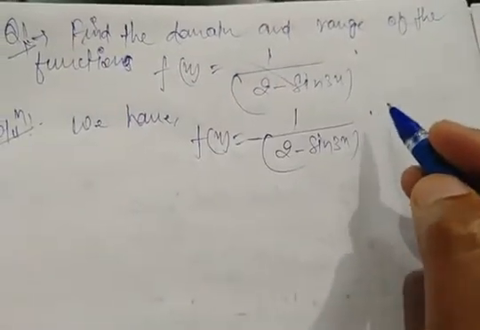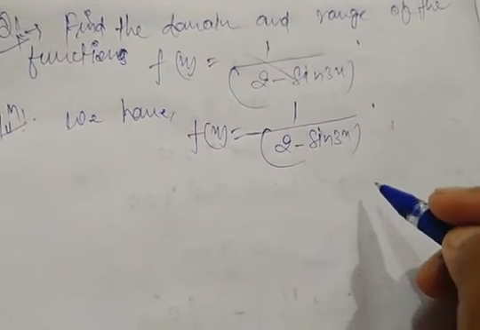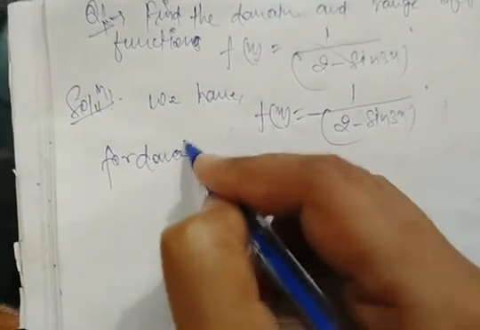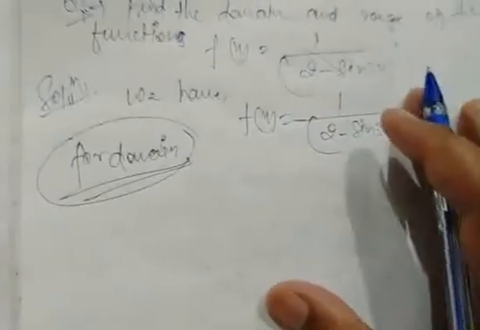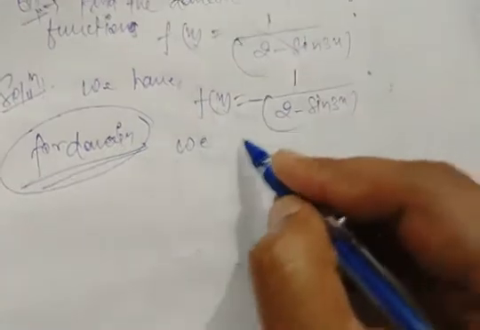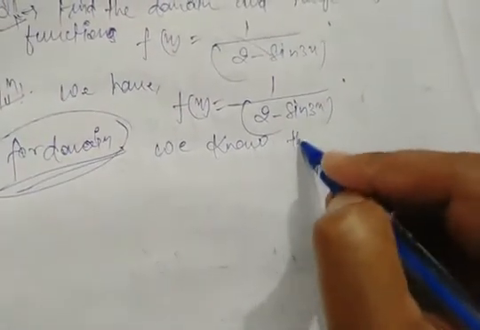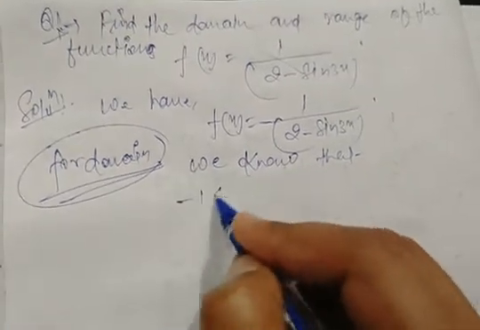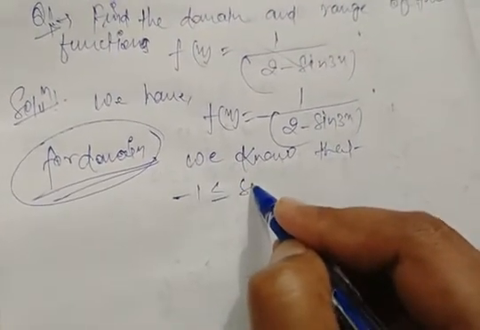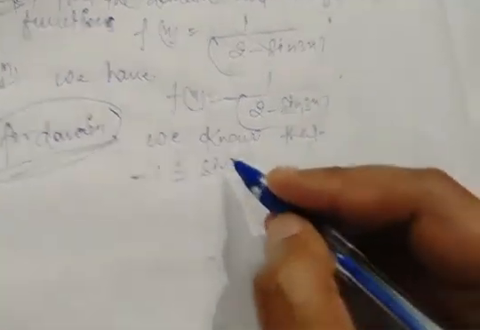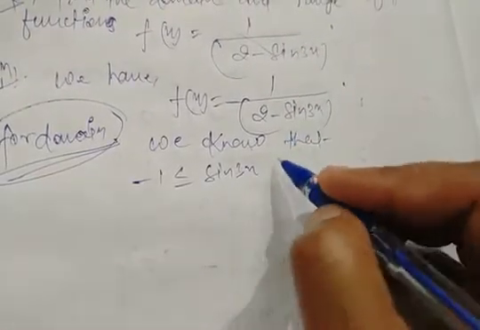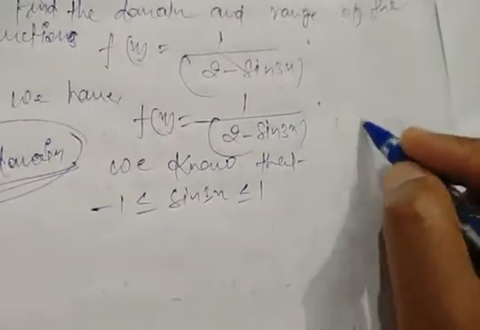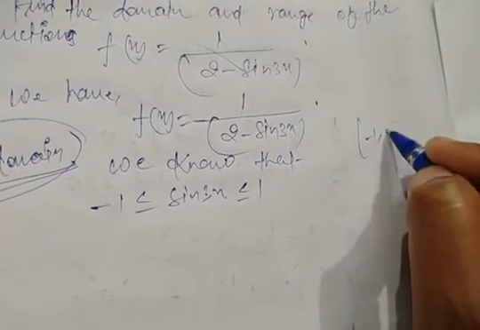For finding the domain of f, we know that sine varies from minus 1 to 1.